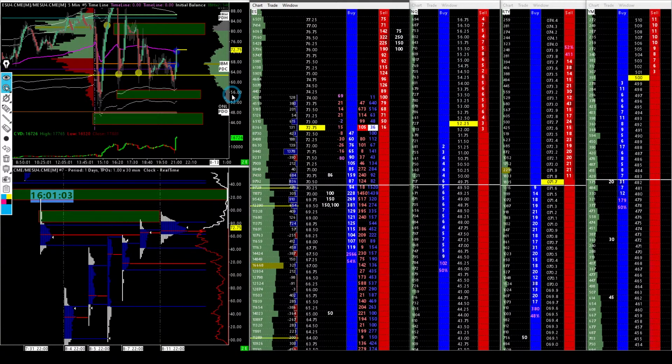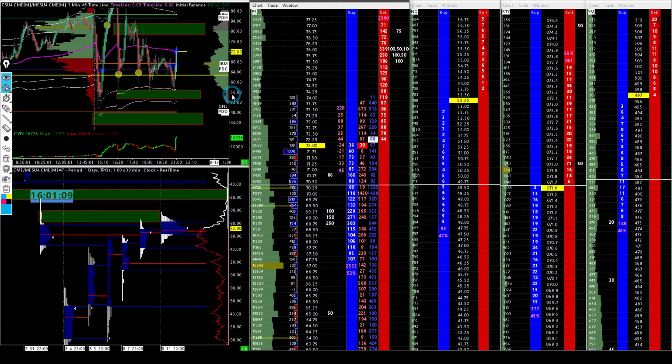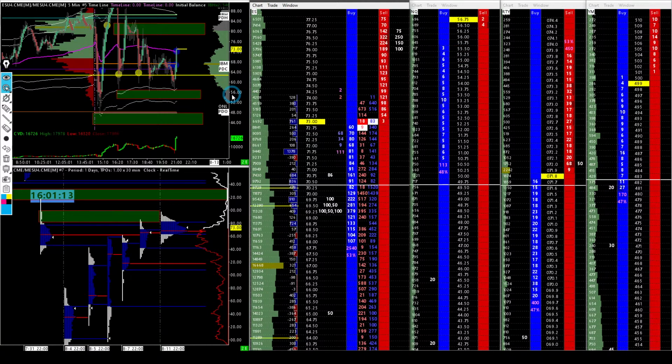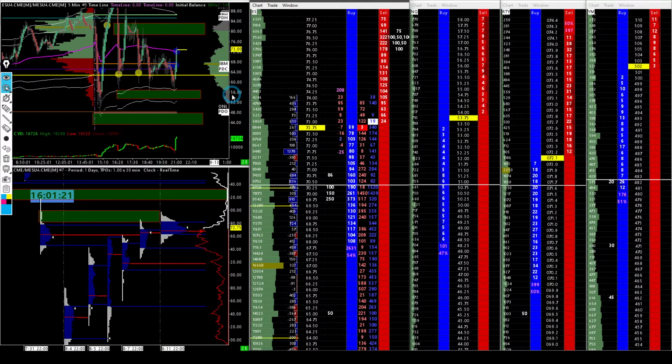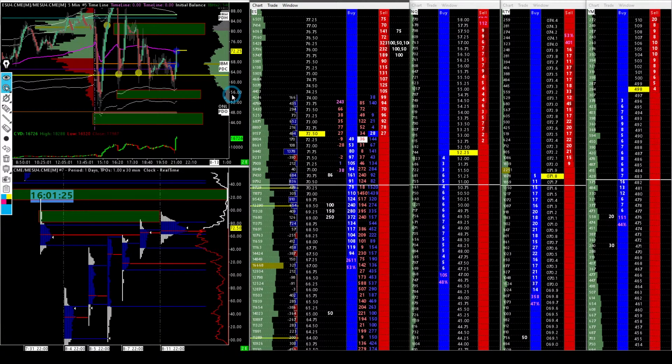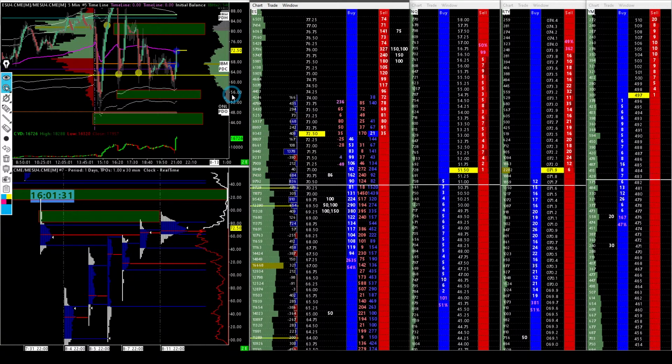Once they pull the bid here, we're back down to POC. Sneaky.